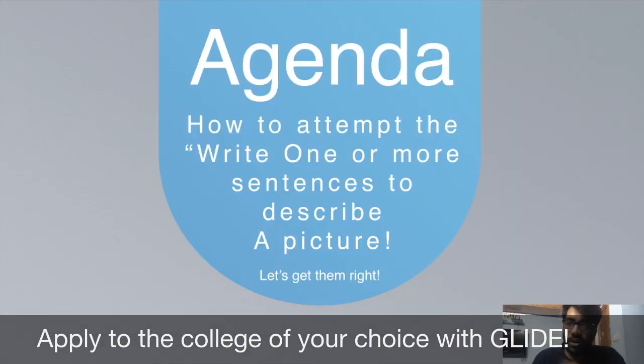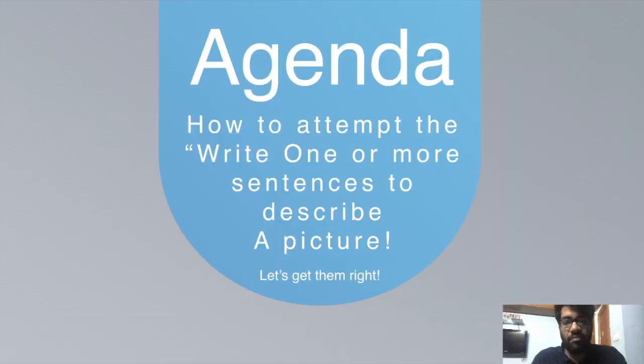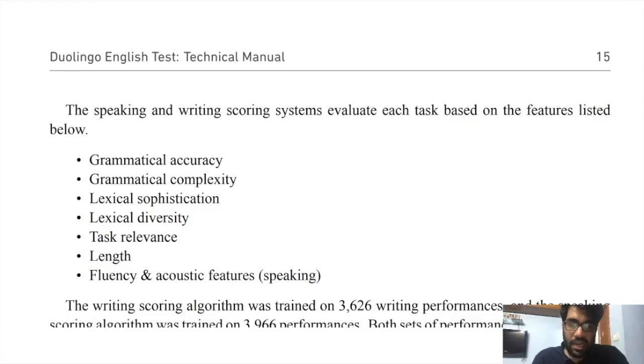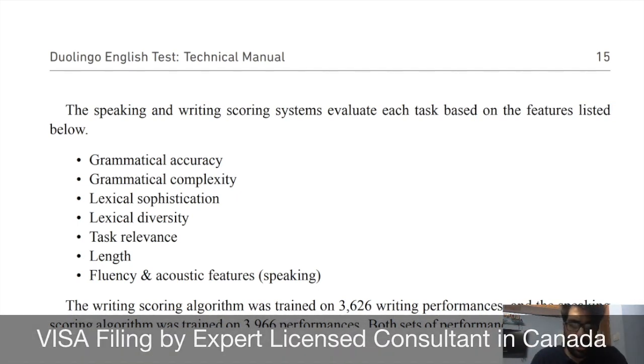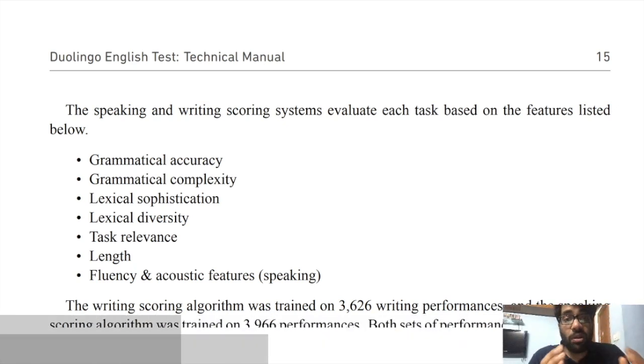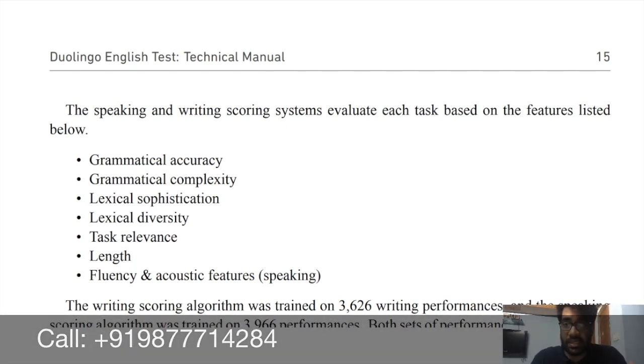All right, moving on. The agenda for the day is how to attempt the question of writing one or more sentences to describe a picture. Before we go into it, students who didn't attend yesterday's class, which is already on YouTube, must go and watch it. It is very important that we know on what parameters the system is evaluating us.